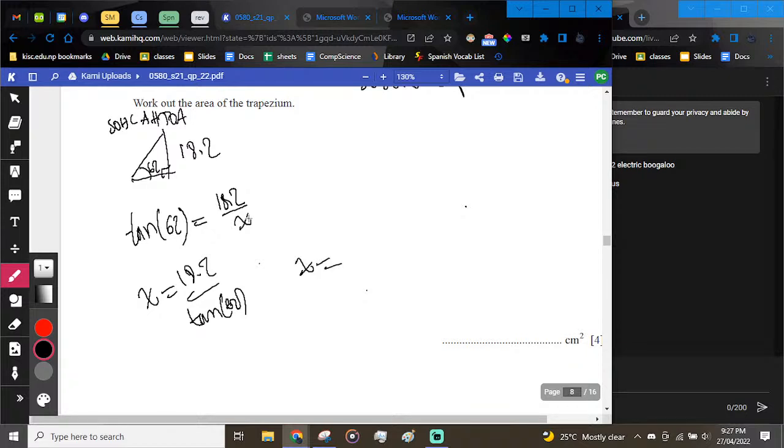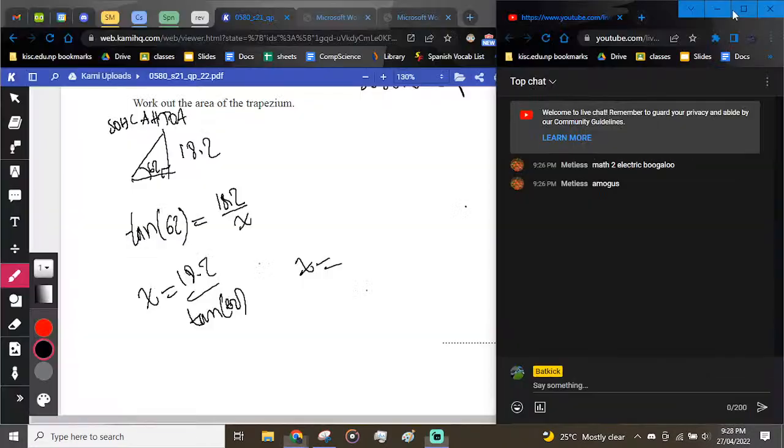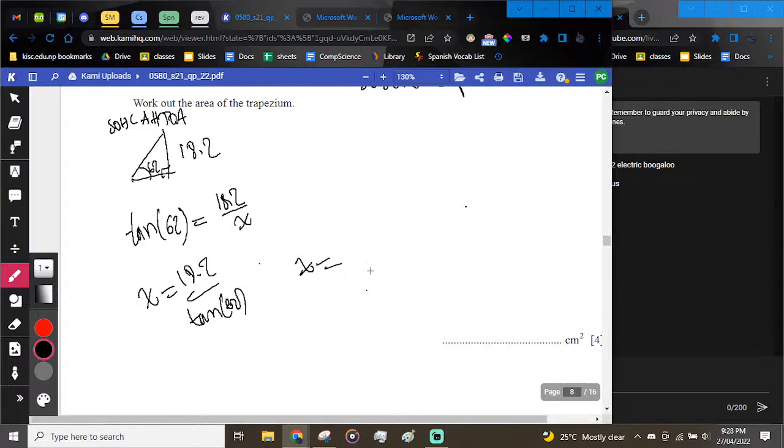Where'd my calculator go? There it is. 18.2 over tan 62.